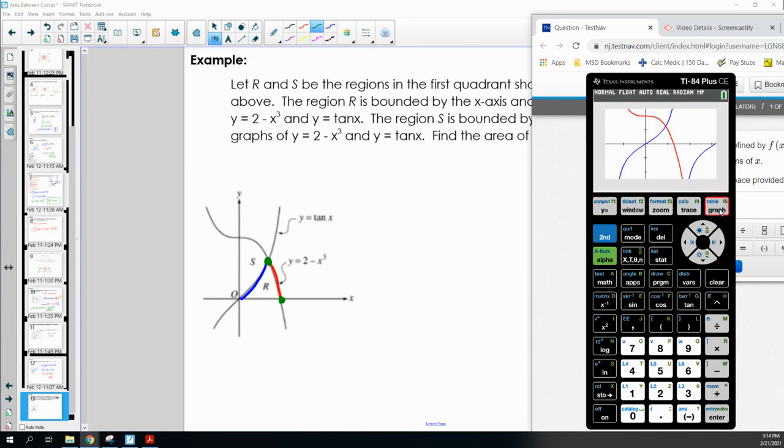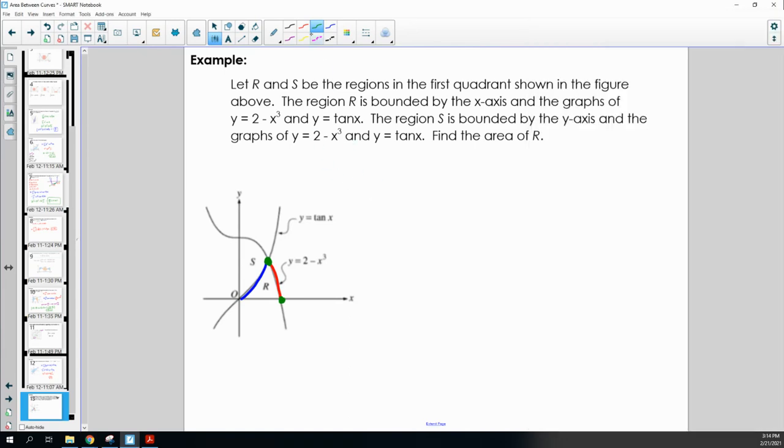I'm focusing on this region, and R is going to be right here. Tan is my blue function, and 2 minus x cubed is the red function. To find my point of intersection, I do second trace, go to intersect, and pick those two curves. I get a point of intersection of 0.902, 1.266. I'm going to go back to this one over here and write it down.